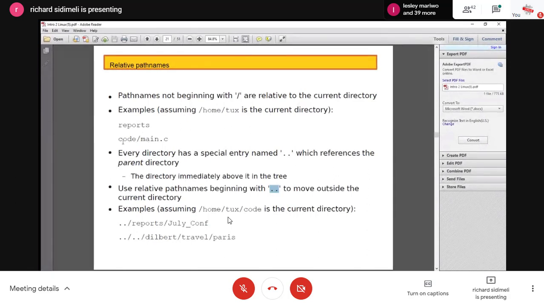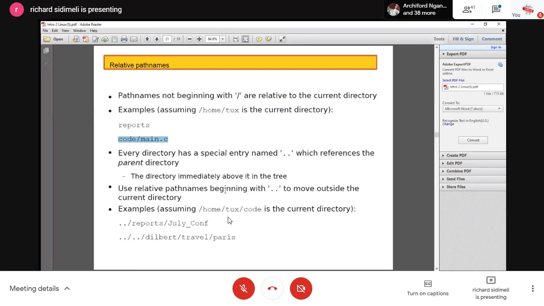But when we say relative addressing, we are just saying something like reports. Or I can put, say, slash code, then slash subdirectory. What is happening is that this is relative to the current directory that I'm looking at. Is that okay?